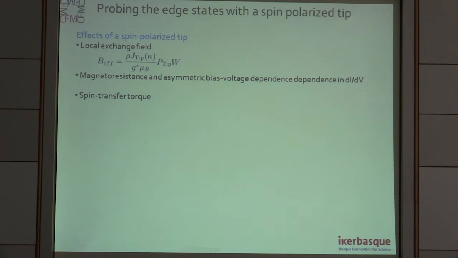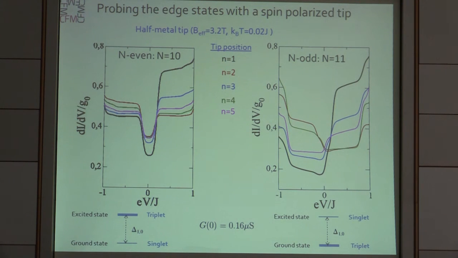And especially important for high currents, it can induce a spin transfer torque. So here I plot the differential conductance using a fully polarized spin current for an even number and odd number of spins. And the first thing that we can observe is the asymmetry in the differential conductance, in contrast to the case of a spin-unpolarized tip.